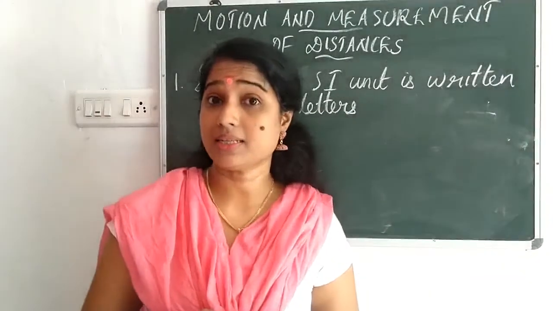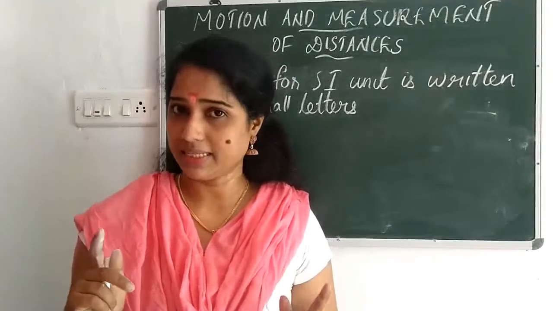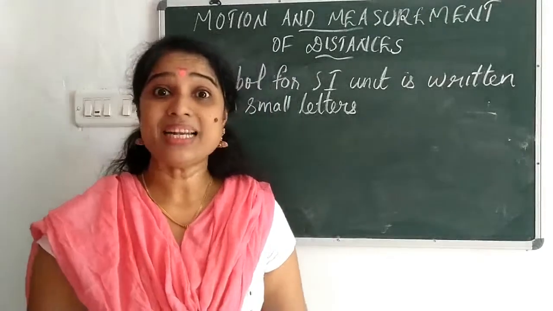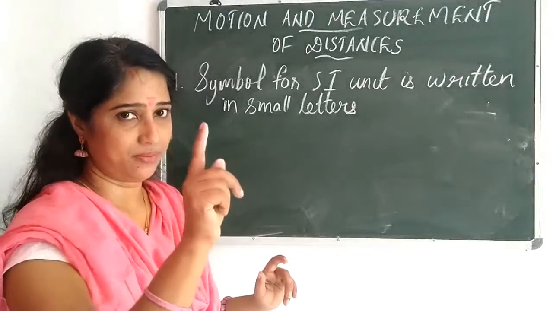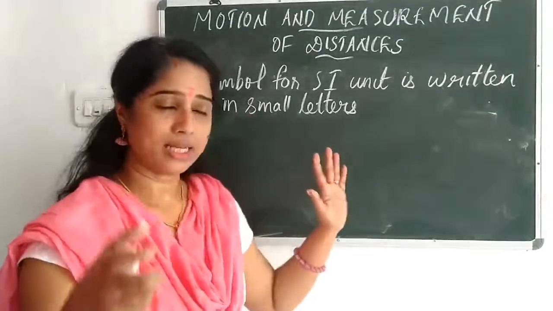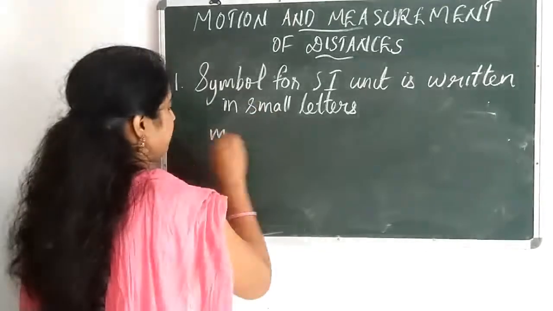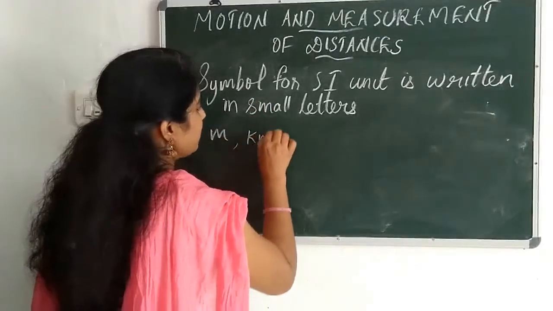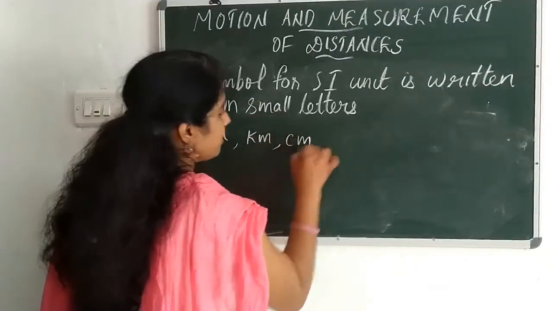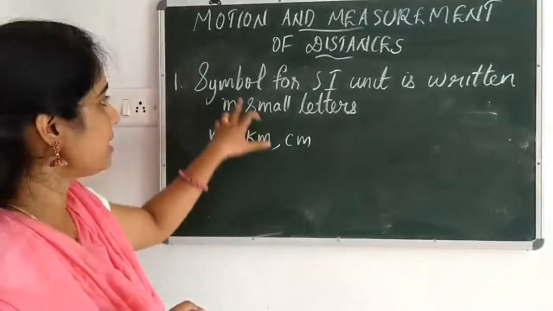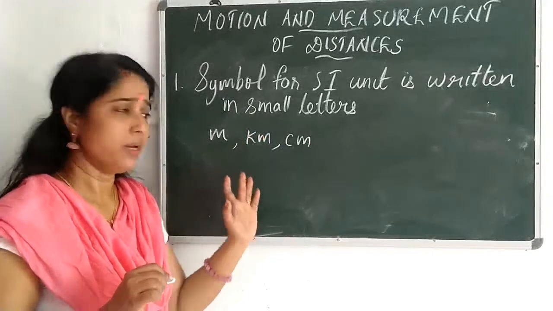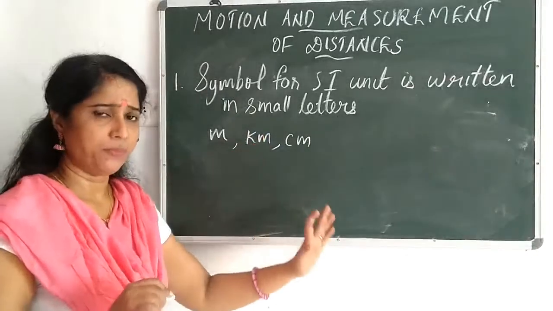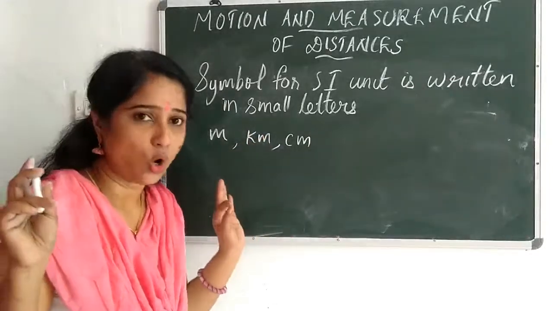Small letters. But if that unit is named after a scientist, normal unit, for example, meter, kilometer, centimeter, this all you can write. This is simple. We are not writing the full form here. Simple only. Meter short form m, then kilometer, km, cm. That you can write in small letters only.